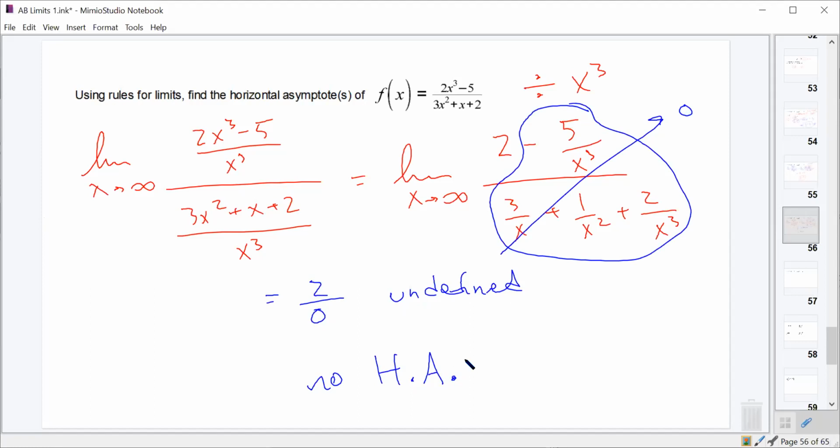And that was the rule you should have learned way back when, for when the degree of the numerator is more than the degree of the denominator in a rational function, that you end up with no horizontal asymptote. And now you know why it's true. Isn't that exciting? Any questions on that? Nope. Cool.